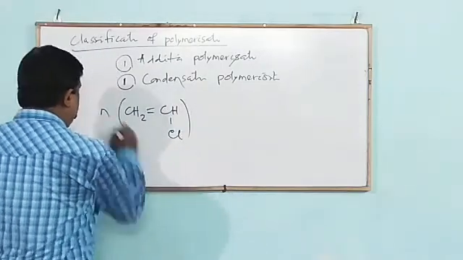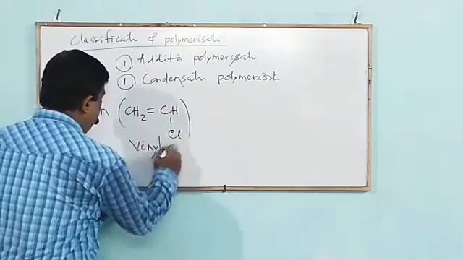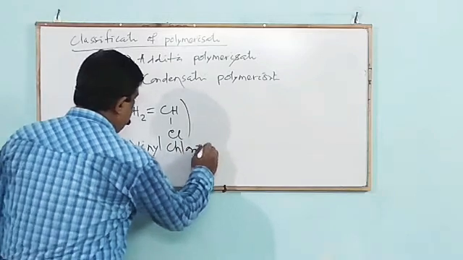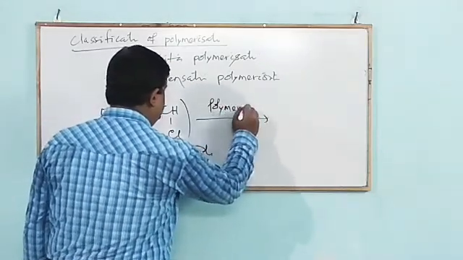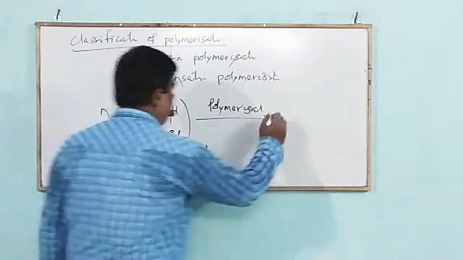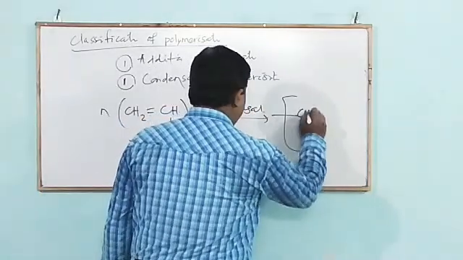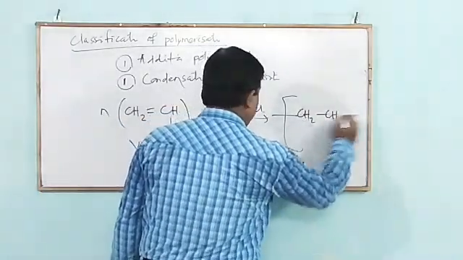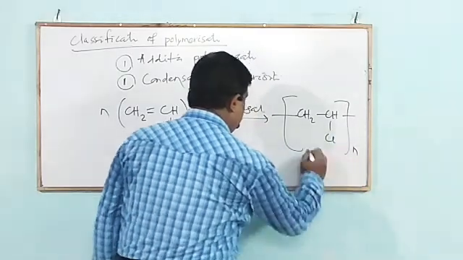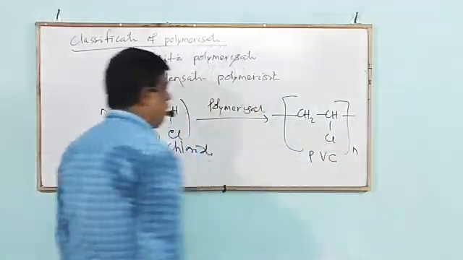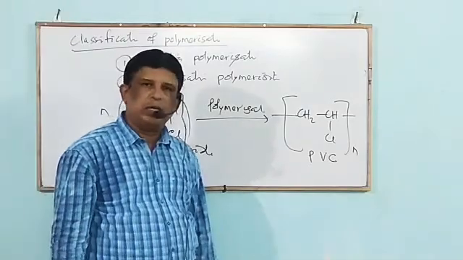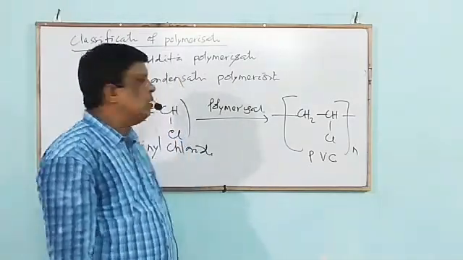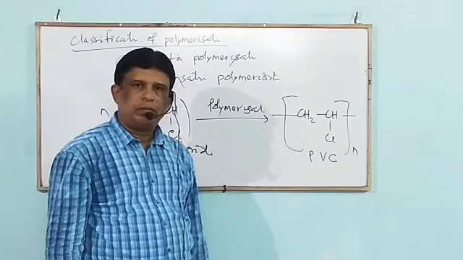When n molecules of vinyl chloride undergo polymerization to form polyvinyl chloride, PVC, there is no elimination of simple molecule. Then it is known as addition polymerization.